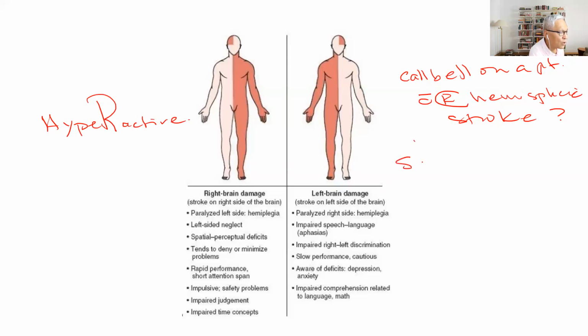And the slow one is going to have the left language problems, which includes aphasia. And of course, you're going to have the inability to read, because that's the same thing. It's language.